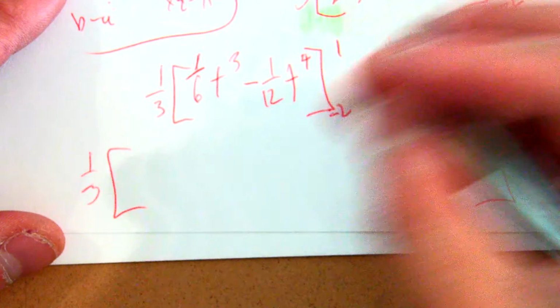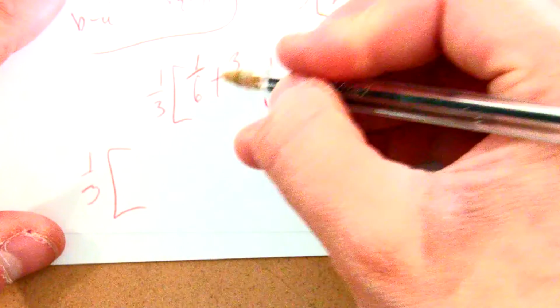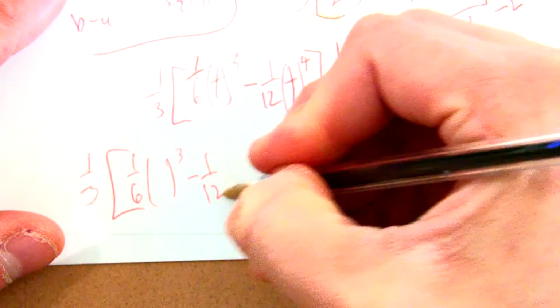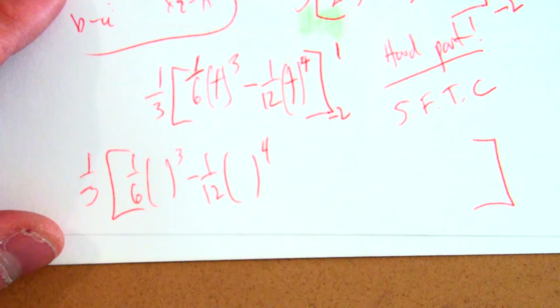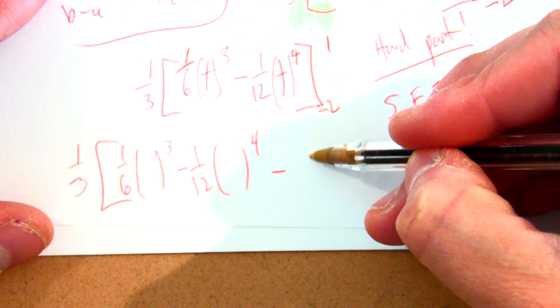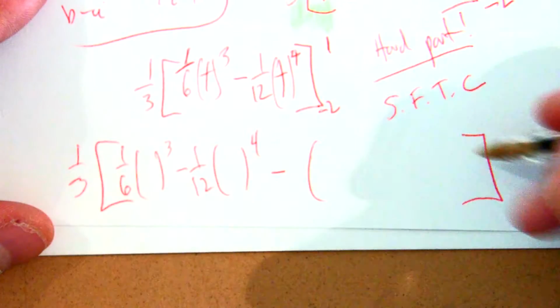And let's go ahead and put it in. So we write it in. See, I put my parentheses here. So we're going to do 1/6 blah blah cubed minus 1/12 blah blah to the 4th, right? Minus. I'm going to put another parentheses. Why? Because I need to distribute the negative. Okay?